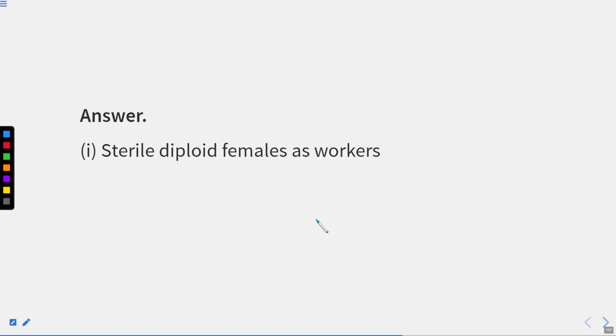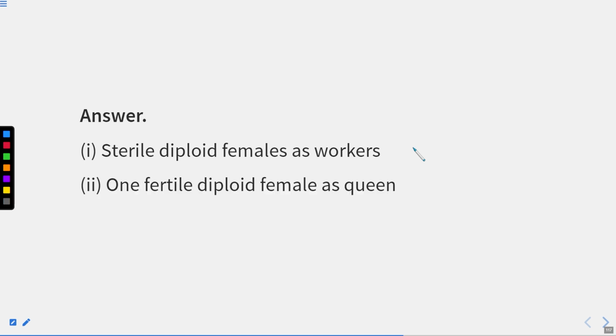So this is the answer. Sterile diploid females are the workers. Workers are sterile, whereas the queen is also diploid, but it is fertile. Those bees to which royal jelly is fed develop into the queen, which is fertile and diploid.